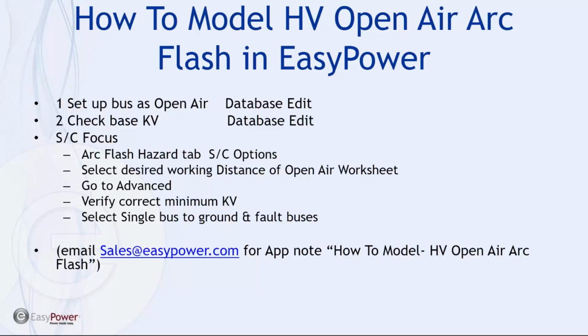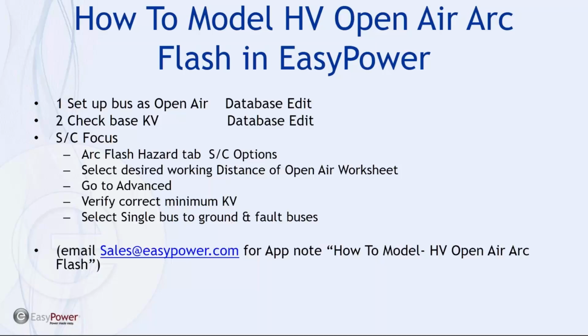Then in short circuit focus, under the arc flash hazard tab of the short circuit options, you designate the desired working distance of the open air worksheet, and I'll show you this in a second. Then you go to Advance, verify that the correct minimum voltage is being applied, and when you fault the buses, you select the single bus to ground as the fault mode.